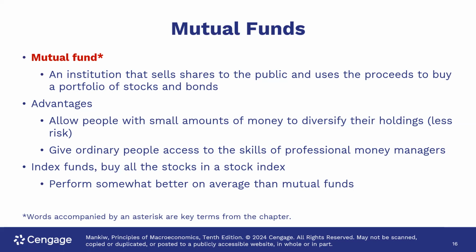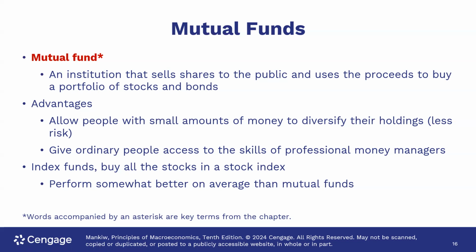So mutual funds enable small individual investors to pool the fund together, and it will actually provide risk diversification and efficiency in the investment. There's one specific type of mutual fund that has attracted a lot of attention in recent years, which is index funds.